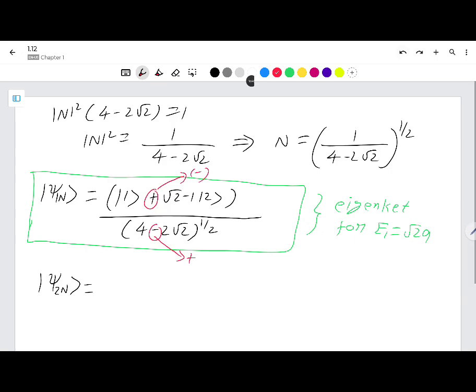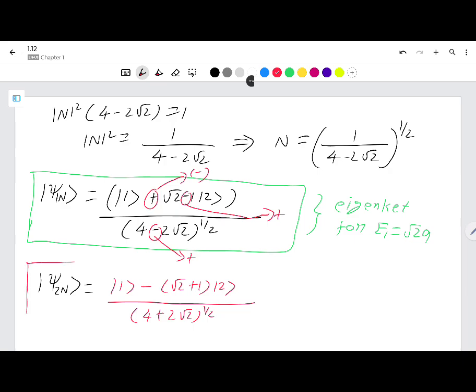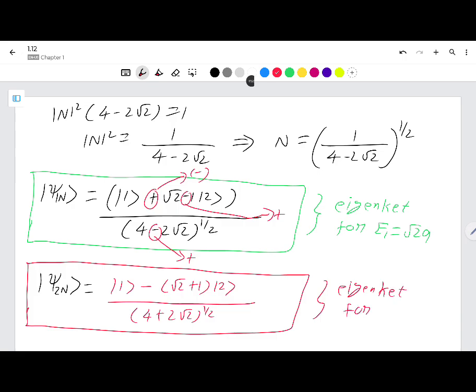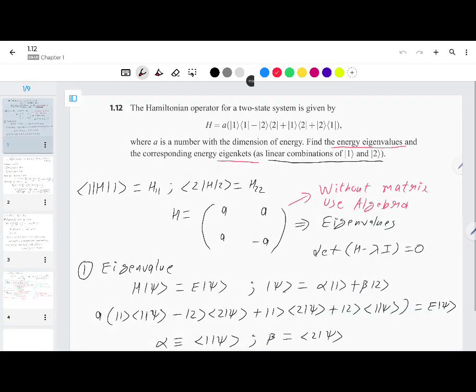So |1> minus (root 2 plus 1)|2>, as this sign will also change, right? So we found the energy eigenvalues and we found the relevant eigenkets.